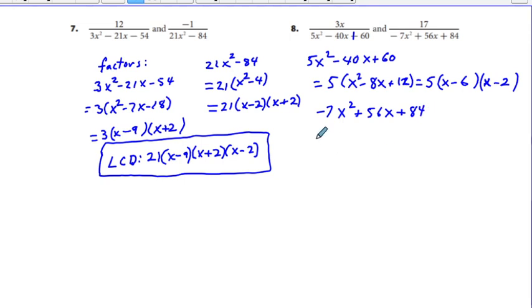If we take our common factor here of negative 7, we have x squared. What times negative 7 equals 56? Well, it'll be negative 8. And what times negative 7 equals negative 84? It's going to be plus or minus 12.